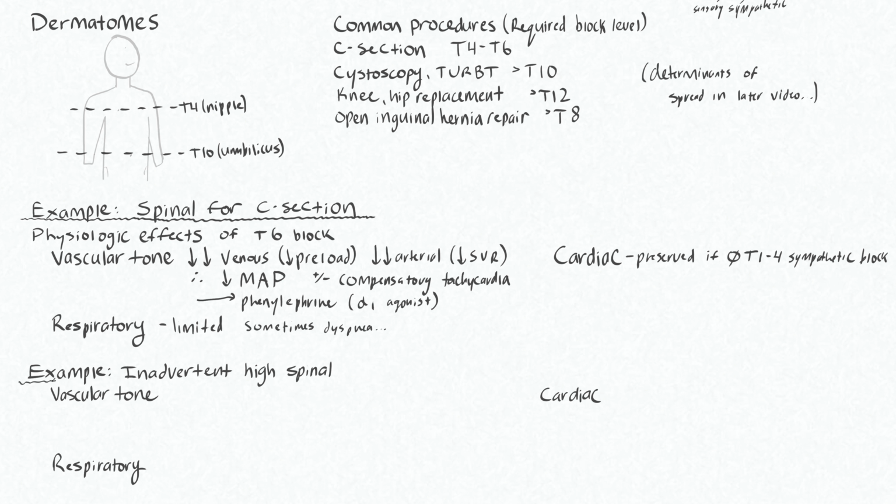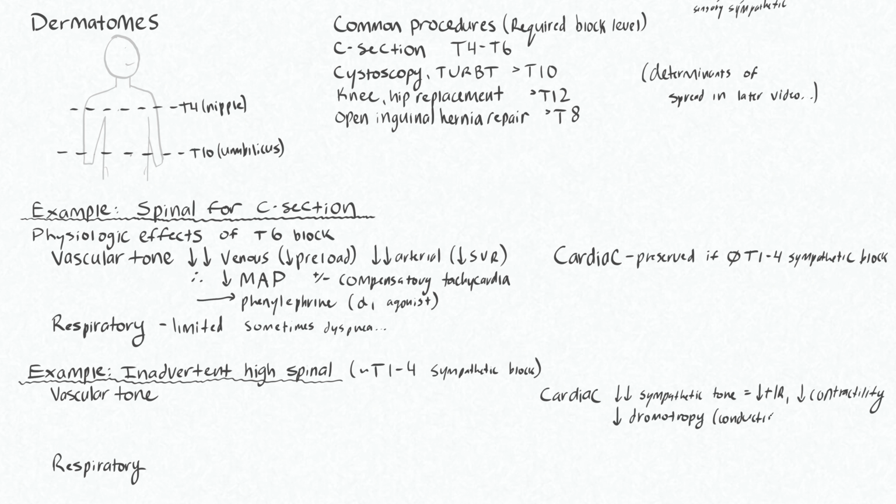Now to go over what happens when you have an inadvertently high spinal. So now we're going to include a sympathetic block somewhere in this T1 to T4 range, which means that you're going to knock out the sympathetic tone for your heart, which equates to unopposed vagal tone, decreased heart rate, and also lower contractility and lower dromotropy, and potentially completely unopposed parasympathetic tone.